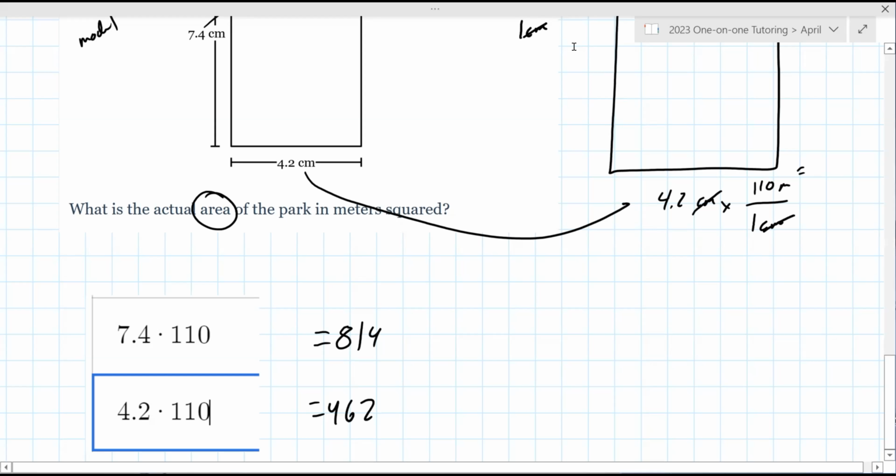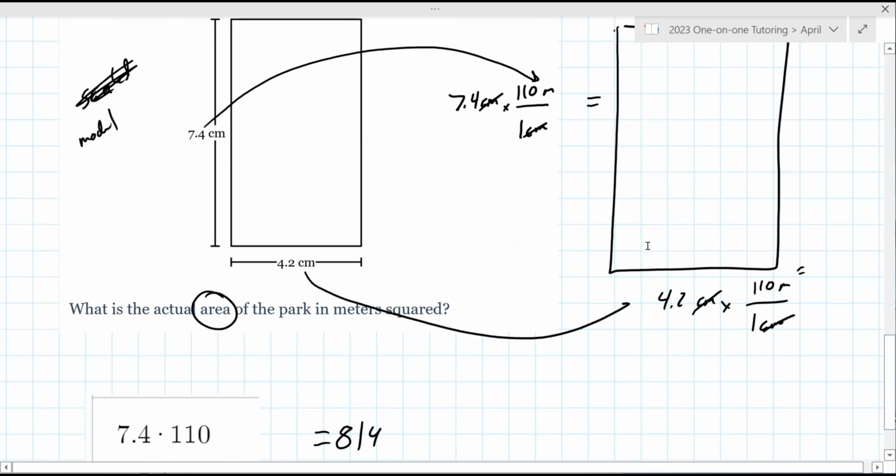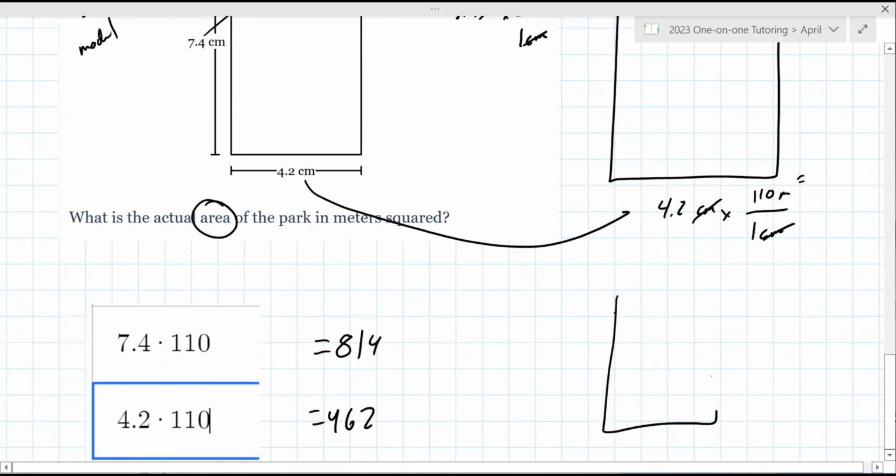Okay, so that gets you the base and the height of this thing: 814 and 462.